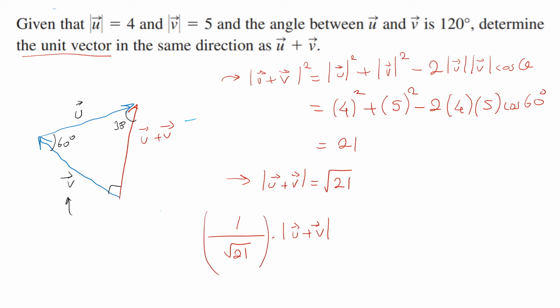And these are two separate things. If we want, we can separate this into brackets, or we can leave it as it is, it doesn't matter. If we do distribute it, we're going to get 1 over root 21 u plus 1 over root 21 v. So that's it.